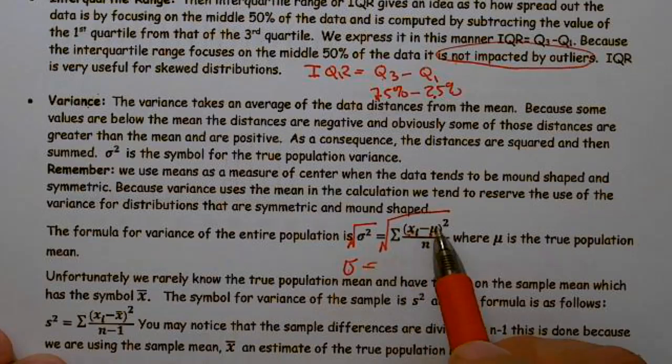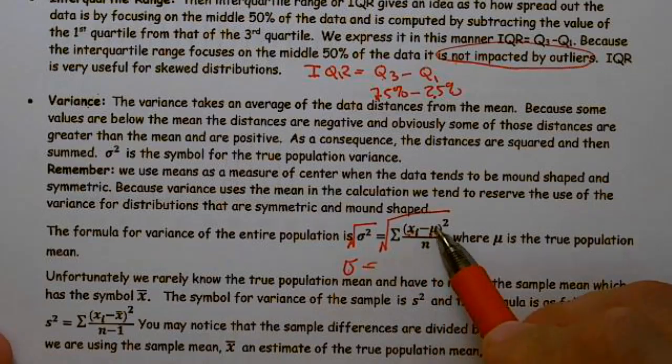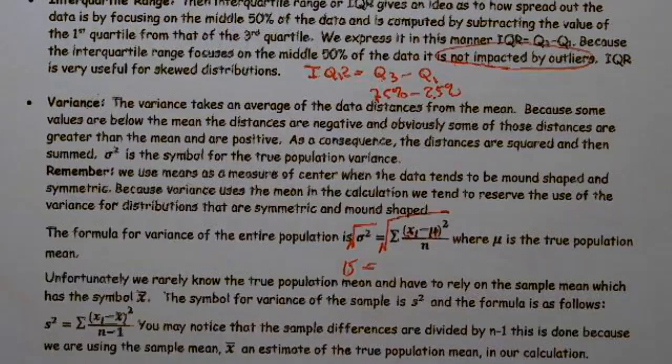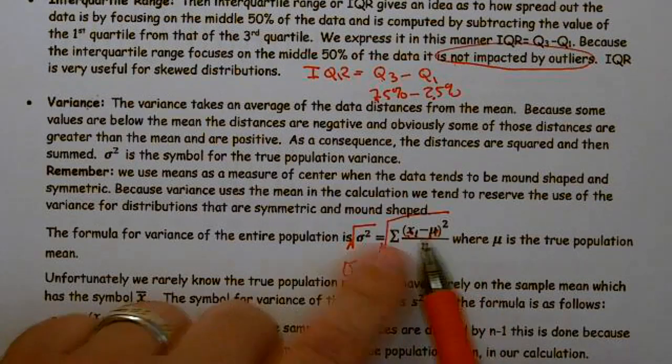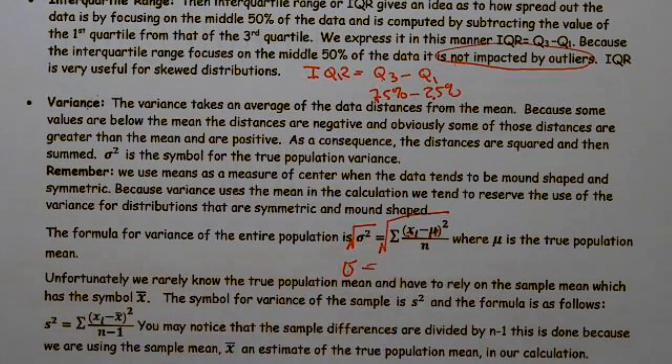When I said that outliers are used to calculate the mean, I should have said all the data points were summed together to take an average. Consequently, if there were outliers, they were included in the data. Because they're included in the mean, they're going to be included in the variance. So it's going to be impacted by outliers.